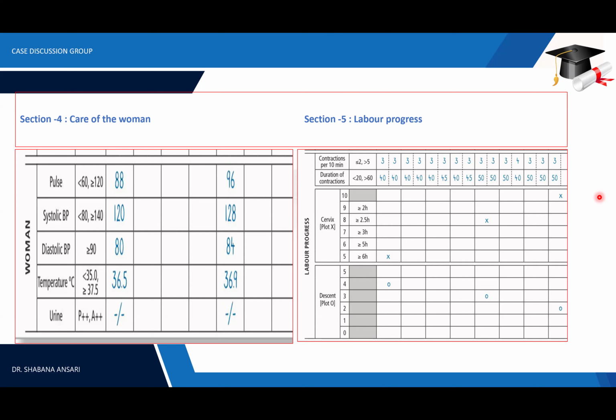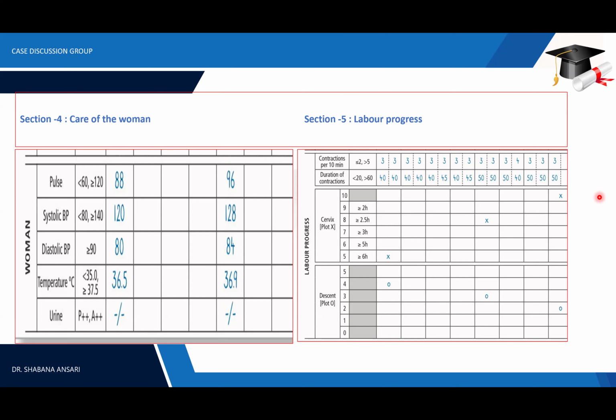Yes. And if the active first stage was over 12 hours, it is abnormal. It will be an alert for the primary gravida, because first stage of labor in primary gravida should last up to 12 hours, in multi up to 10 hours.